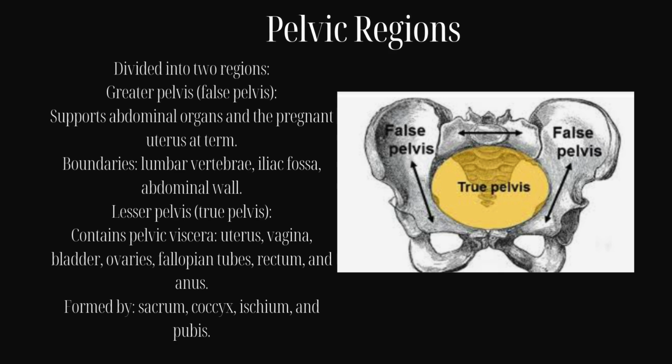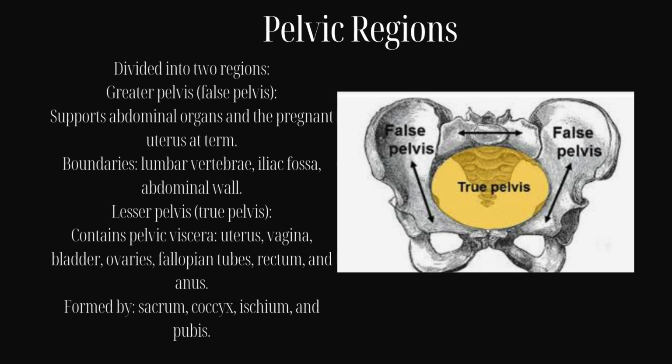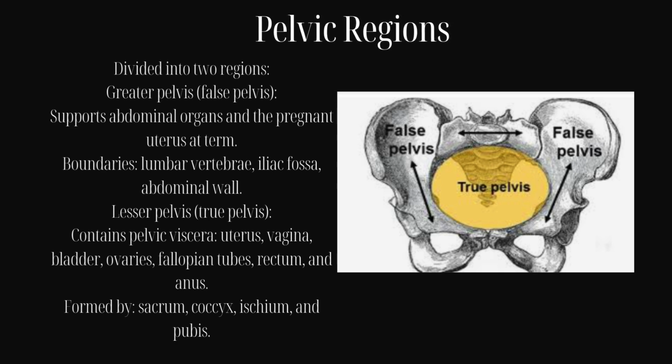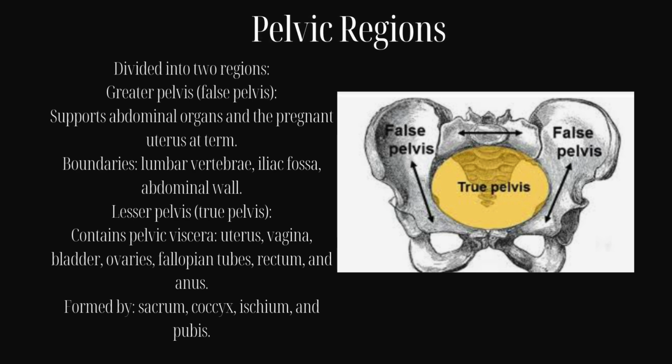It is bordered by the lumbar vertebra at the back, the iliac fossa on the sides, and the abdominal wall in front. On the other hand, the lesser pelvis houses important pelvic organs, including the uterus, vagina, bladder, ovaries, fallopian tubes, and the parts of the rectum and anus. This region is enclosed by the sacrum and coccyx posteriorly and the ischium and pubis on the sides and front.